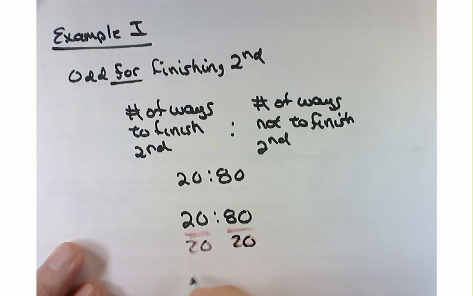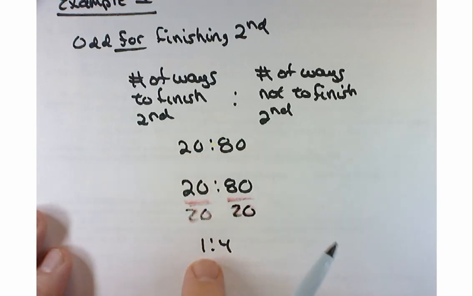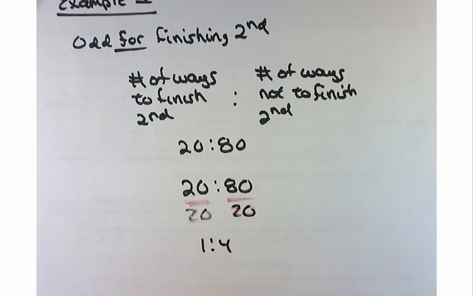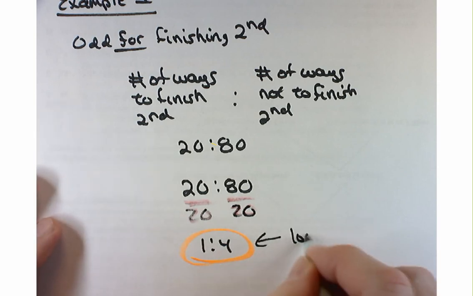And that's going to give me 1 to 4. Those are effectively the same odds. 20 to 80 or 1 to 4, those are effectively the same odds. The only difference is that this is in lowest terms. So that might be helpful sometimes, is to divide both sides by something that's in lowest terms.